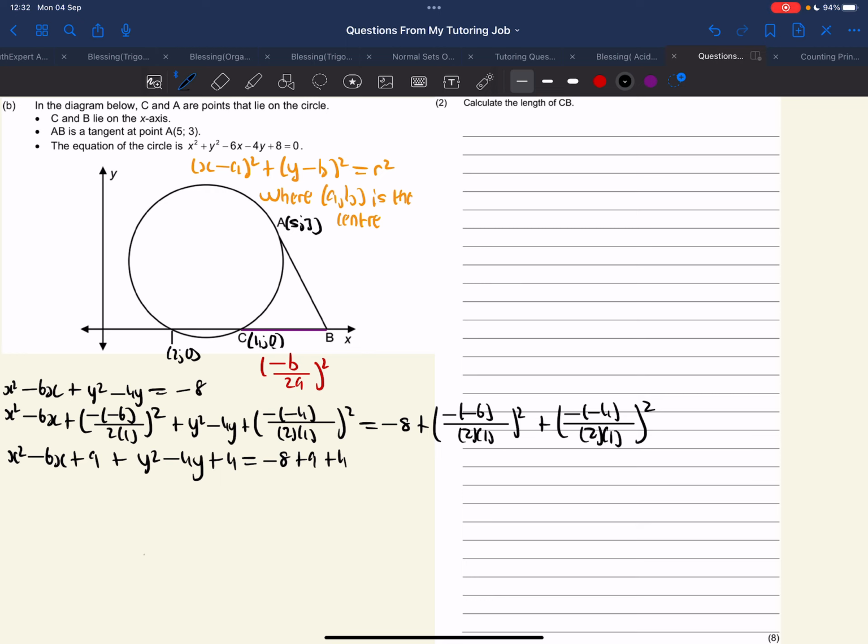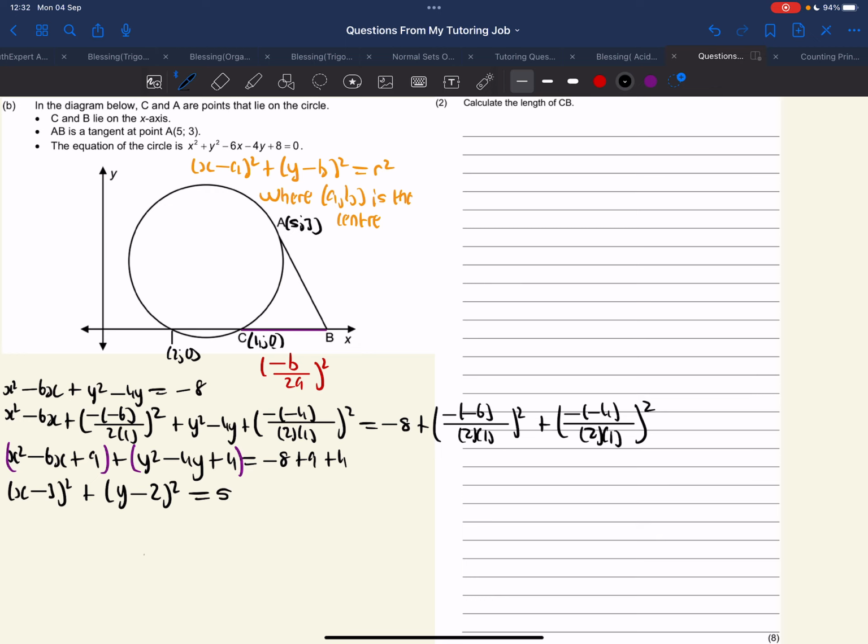Then I'm going to factorize those expressions. To factorize them, I'm going to form a perfect square. So that one becomes x minus 3 squared plus y minus 2 squared, equals minus 8 plus 9 plus 4, which gives me 5.